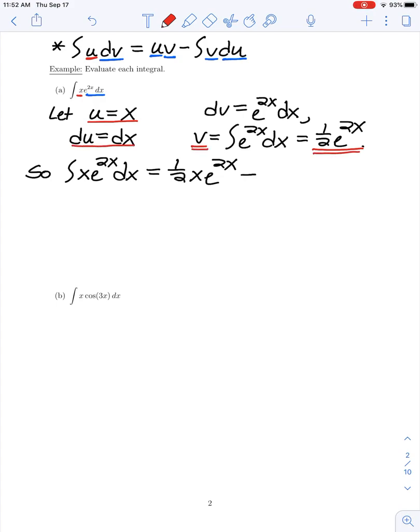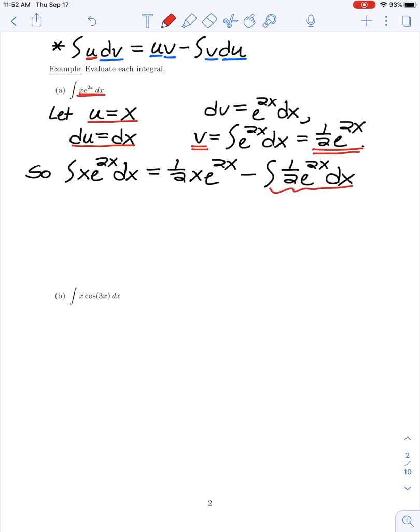So here I've got the integral of 1/2 e to the 2x dx. After we apply this integration by parts formula, I'm left with a new integral, and this new integral is easier to evaluate than the one that we started with.